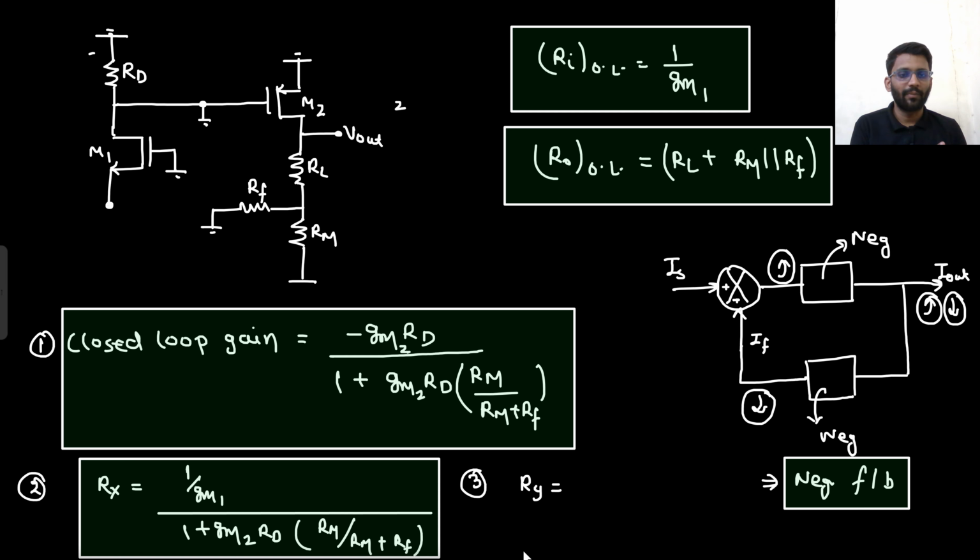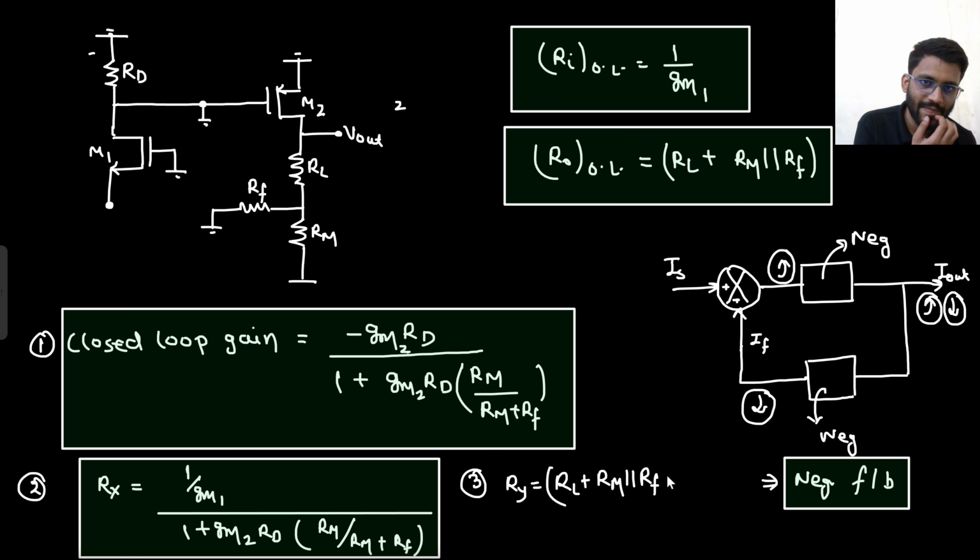And what about Ry? You want your output impedance to be high. So what will be your Ry? Ry will be RL plus Rm parallel with Rf, now it will be multiplied only by 1 plus gm2.